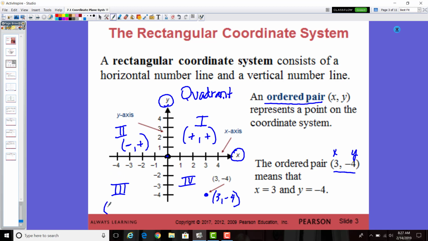In my third quadrant, all of my x's are negative over here, and all of my y's are negative down here. And then over here in the fourth quadrant, we have positive x's and negative y's. So if you're asked to plot a point based off of these criteria for each quadrant, we should be able to know where that point is going to go before we even plot it.